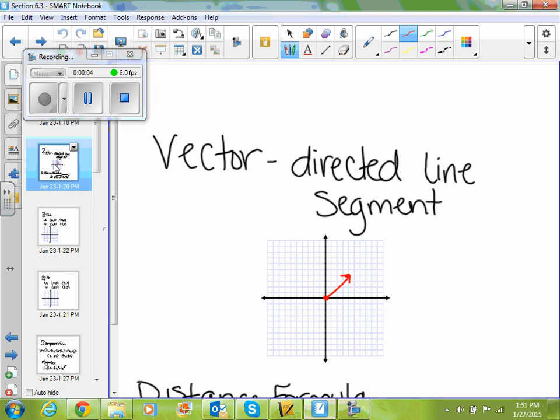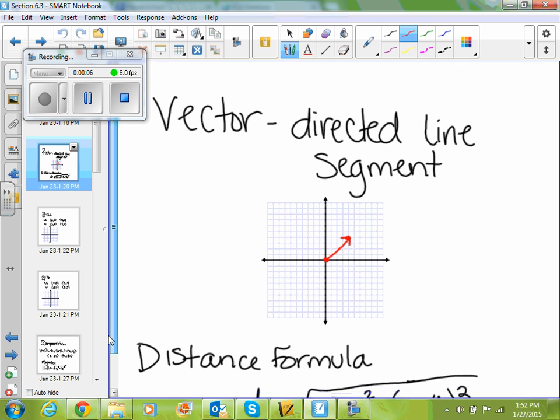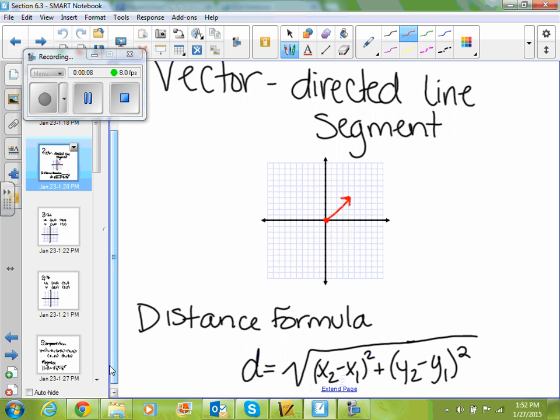Alright, so we're going to look at our definition of a vector and our distance formula. We've gone over our distance formula before this semester, but I put it on there just to refresh our memory.